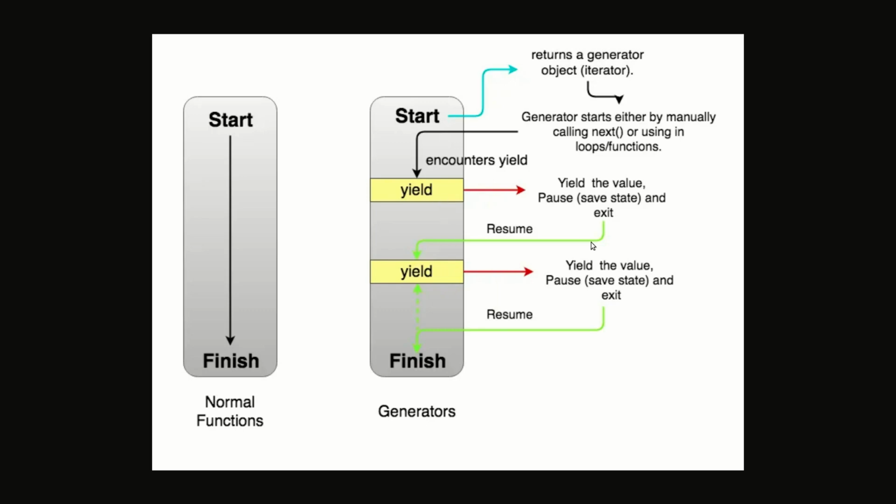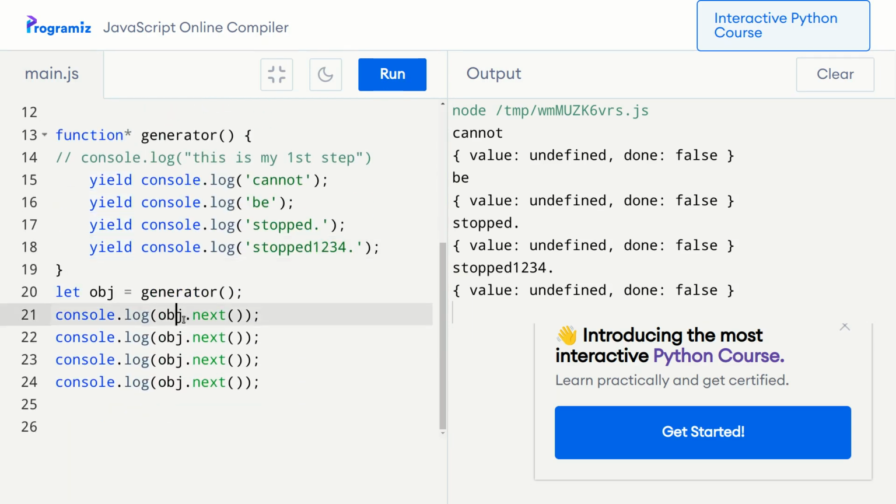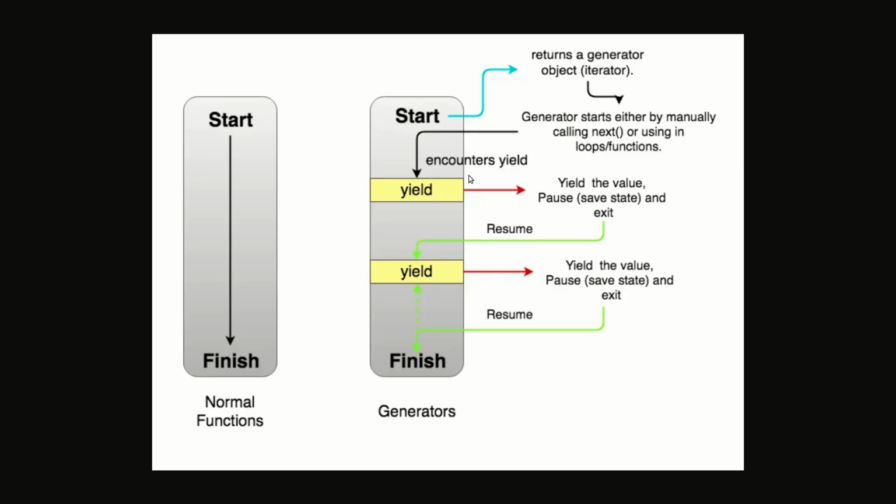So here we have created multiple push points. This yield is a push point. The code started from here and goes up until here, and as it reaches the yield point, it stops its execution. Once again you hit the next method, as you can see here. As you execute the next method, it will start the code directly from here.